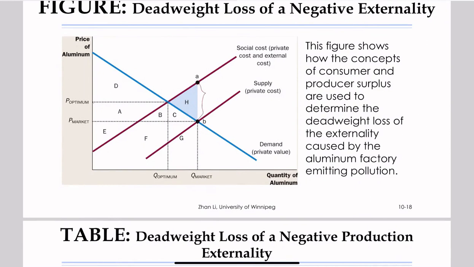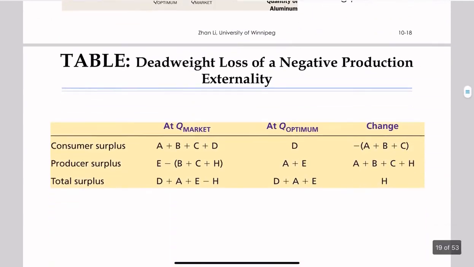If the government imposes a tax exactly as the distance between these two cost curves, then you will see that the private cost curve will move up and overlap with the social cost supply curve. So if the size of the tax is perfectly correct, then the tax can actually remove the negative externality, at least theoretically.